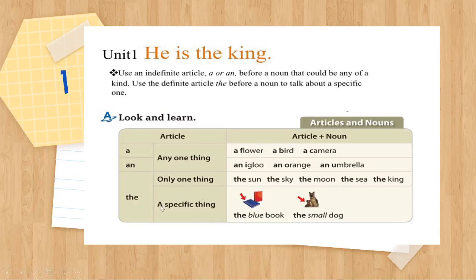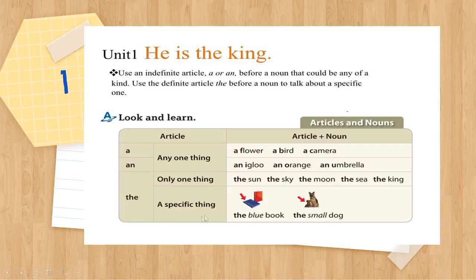When you use the, you talk about the specific one. So the blue book, we focus on the blue book only. And this one, the small dog, we focus on only one, right? The small dog, the blue book.